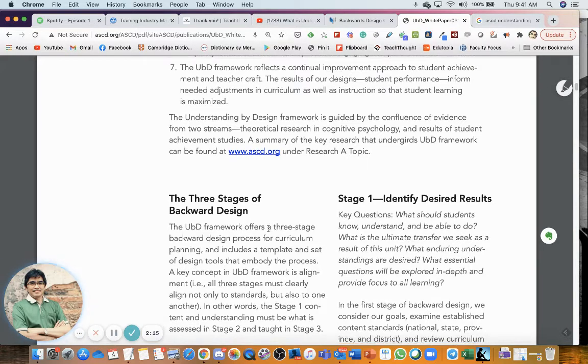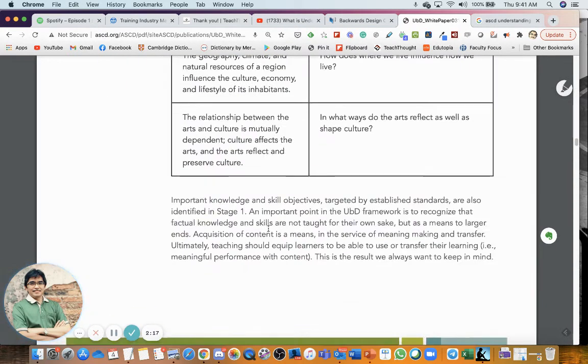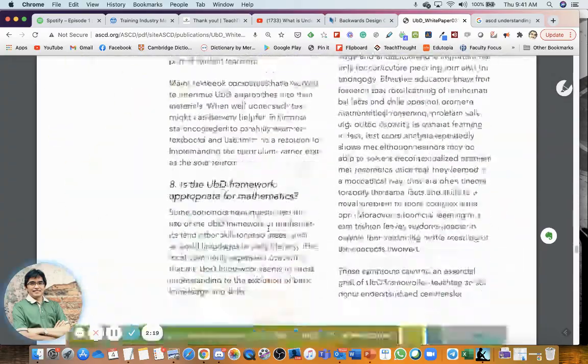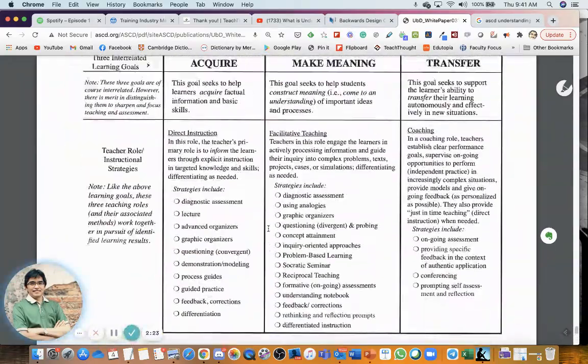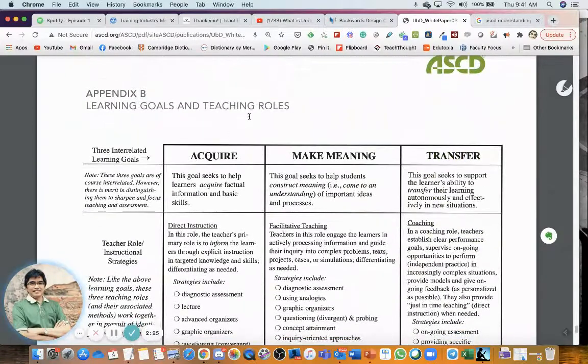So in this video, I would just like to share this table at the end of this white paper, which is talking about learning goals and teaching roles.